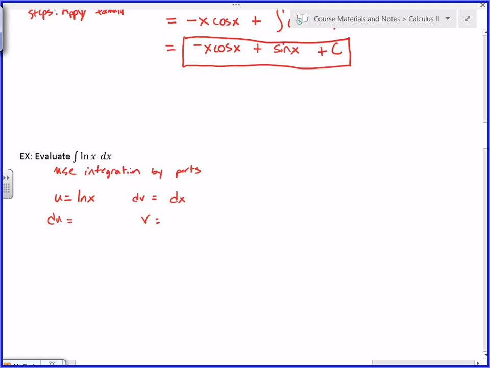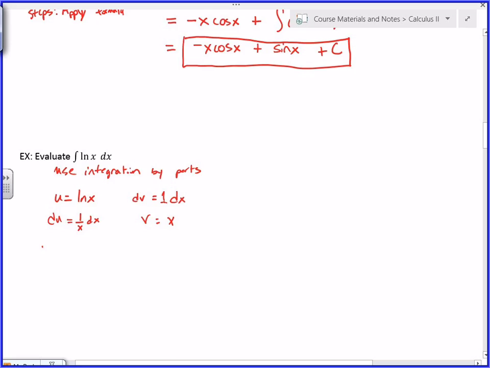The derivative of log of x, 1 over x dx, thank you. I was about to say plus c, but I knew that wasn't correct. All right. Already told you no on that one once today. If dv is just dx, that's like 1 dx, if that helps, what is the integral of 1? X.